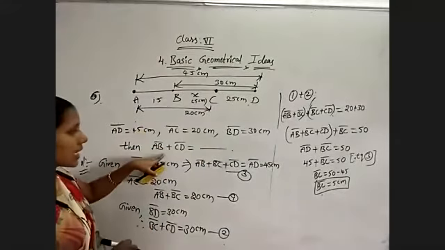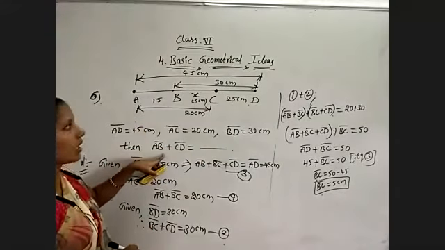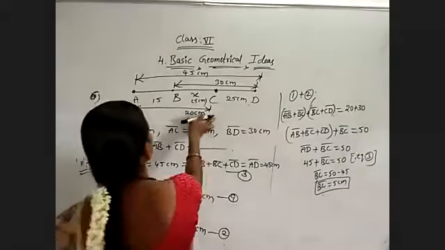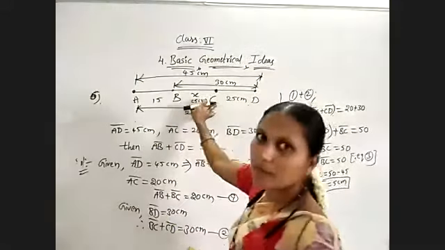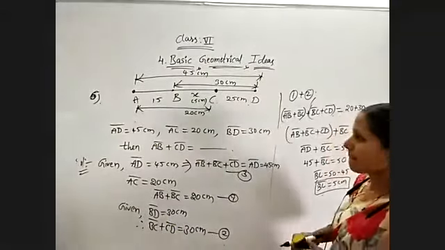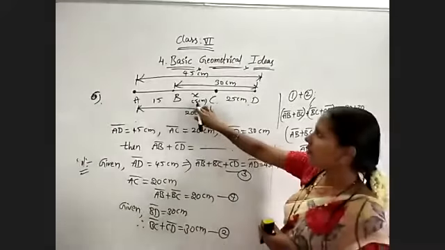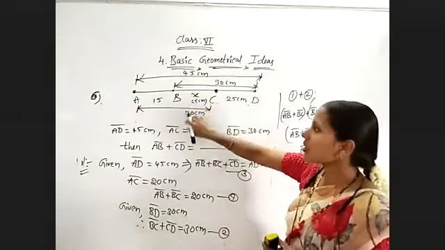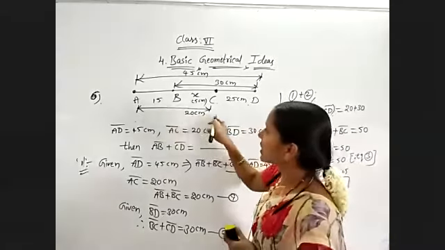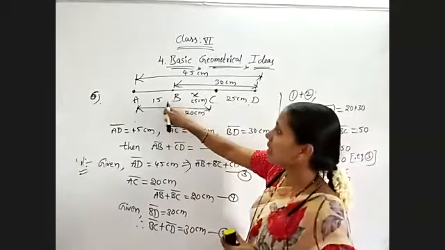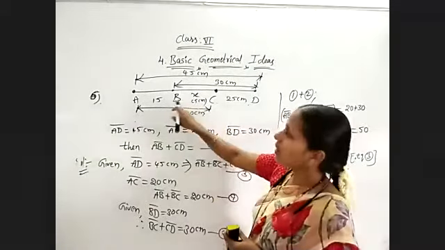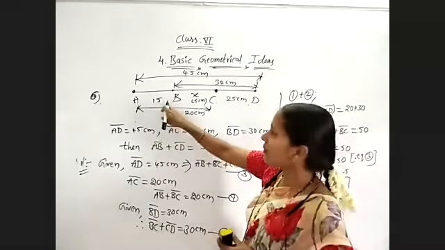Therefore, now they are asking AB plus CD. AB length is equal to AC minus BC. Just observe here. We got BC is 5 centimeters. Total length from A to C is 20, so the remaining length out of 20 is 15.